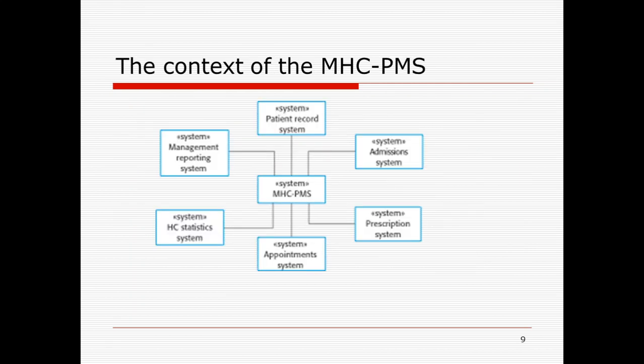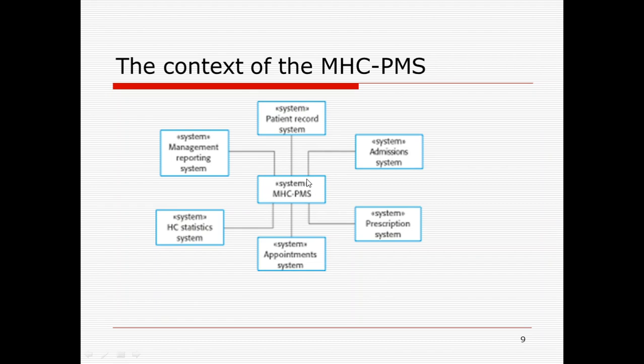So this is one example of the context diagram, the case study that we discussed in one of our previous lectures, where we discussed two different case studies, the mental healthcare patient management system. You can see this is the boundary that is set.